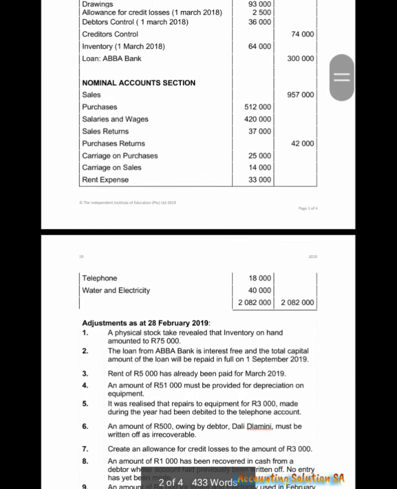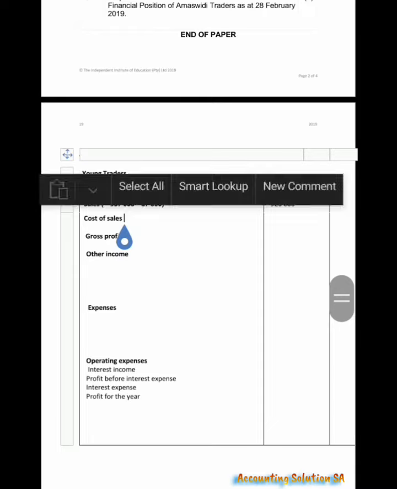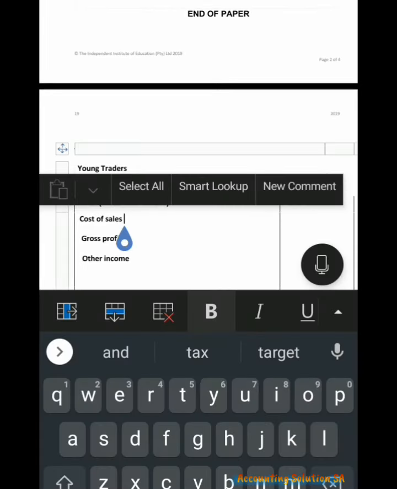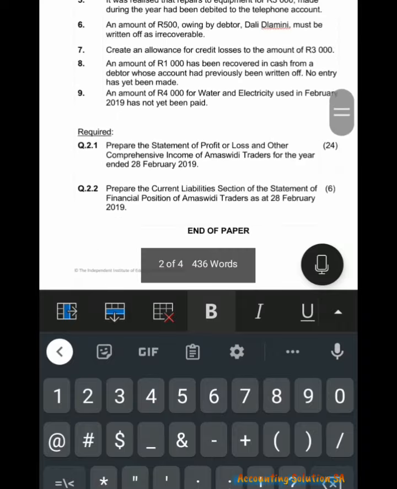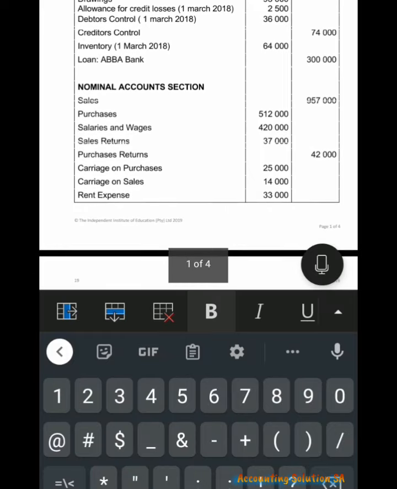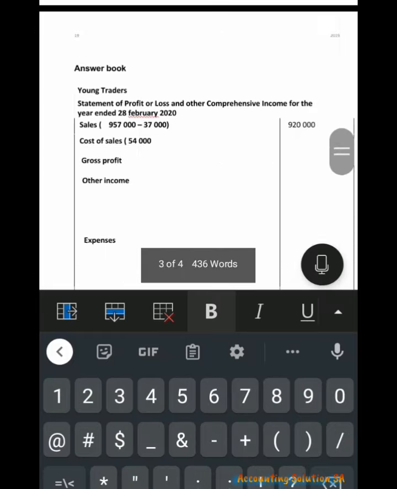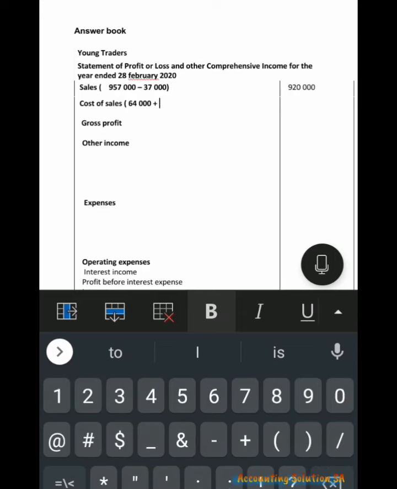We have 64,000, which we have to add to purchases of 512,000.